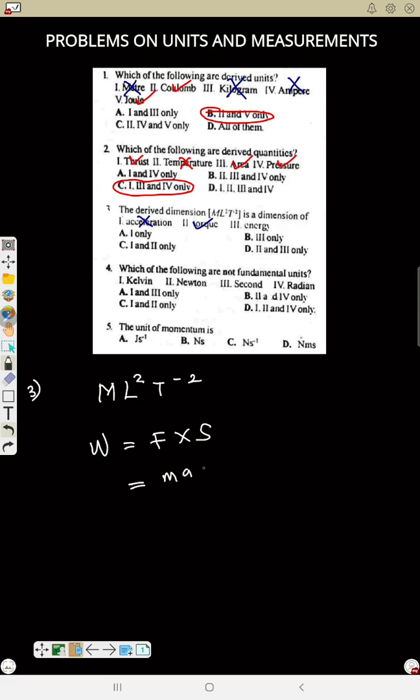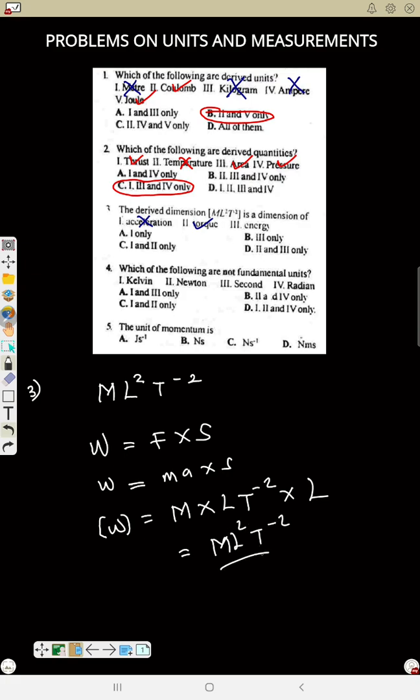Force is mass times acceleration, times displacement. So mass, we have known that the dimension of mass is M. Acceleration, we have found it now, LT raised to minus 2. Then displacement is L. Which is ML square T raised to power minus 2, also gives us the same answer.